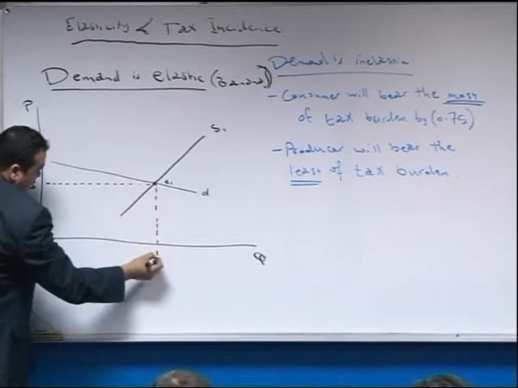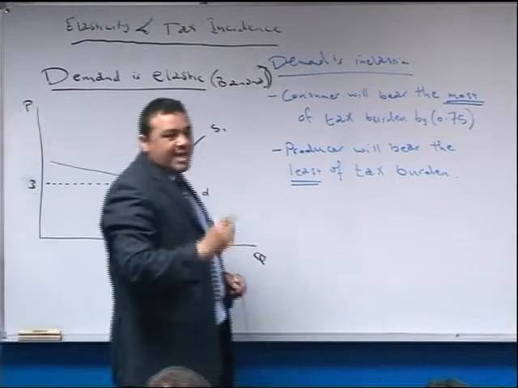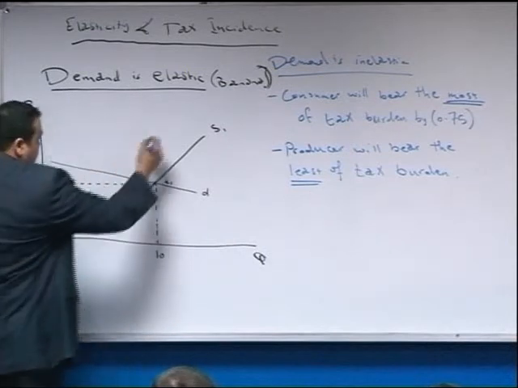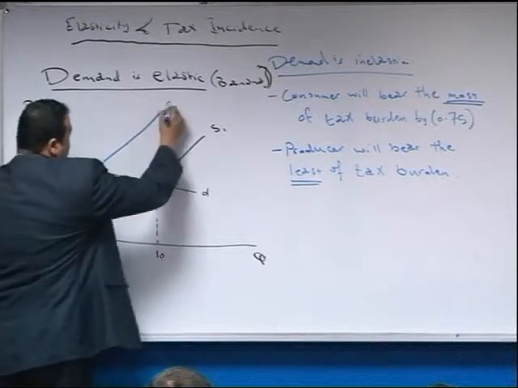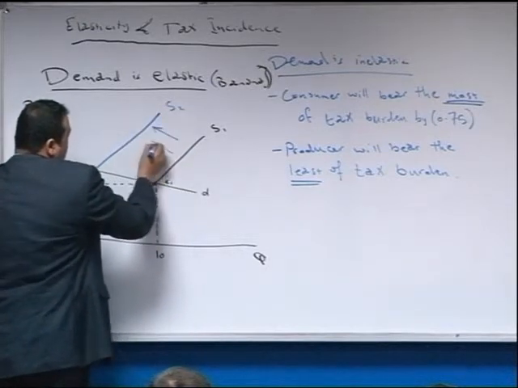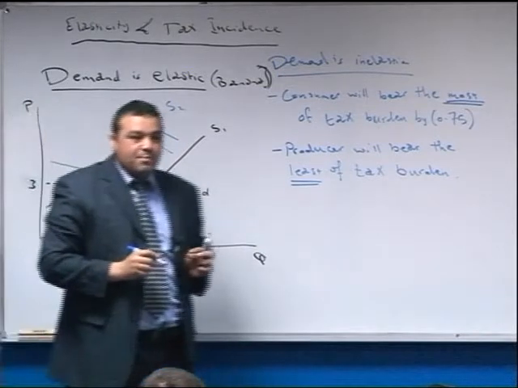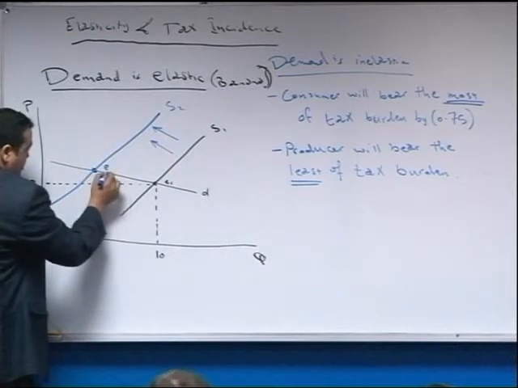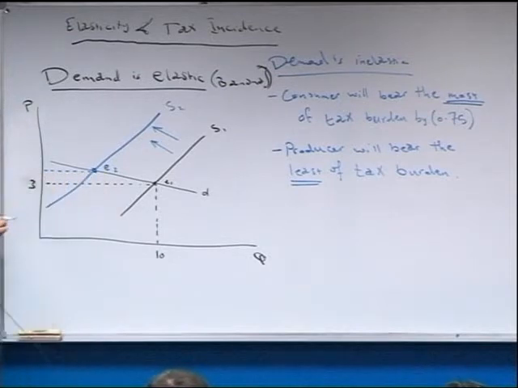And this is 10. If the government imposed a tax of $1, supply would decline. So there is a leftward shifting of the supply curve to S2, right? Okay? We have a new equilibrium point, E2, and this is the new equilibrium price that the producer can sell his product at.